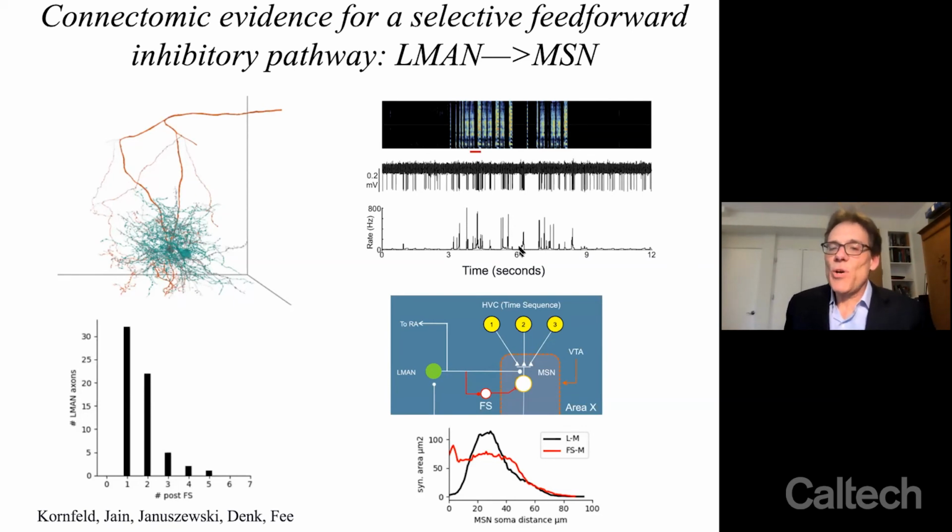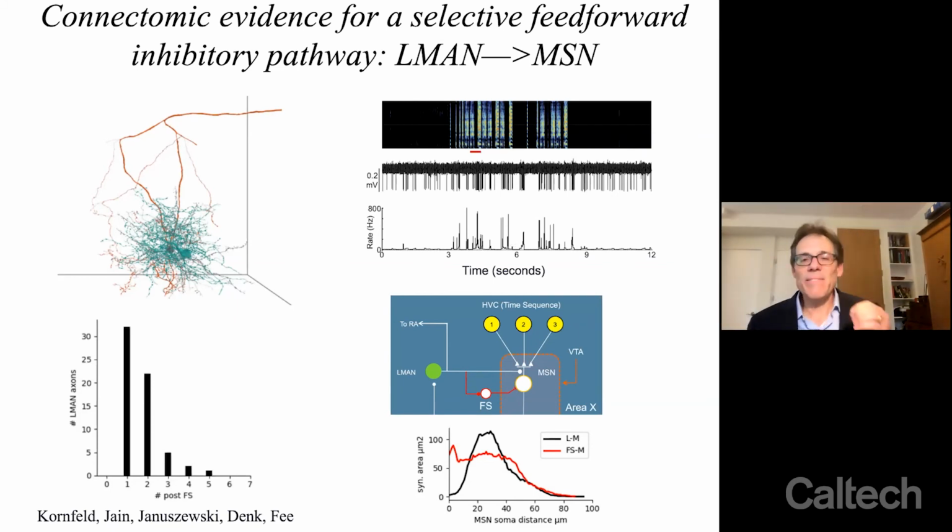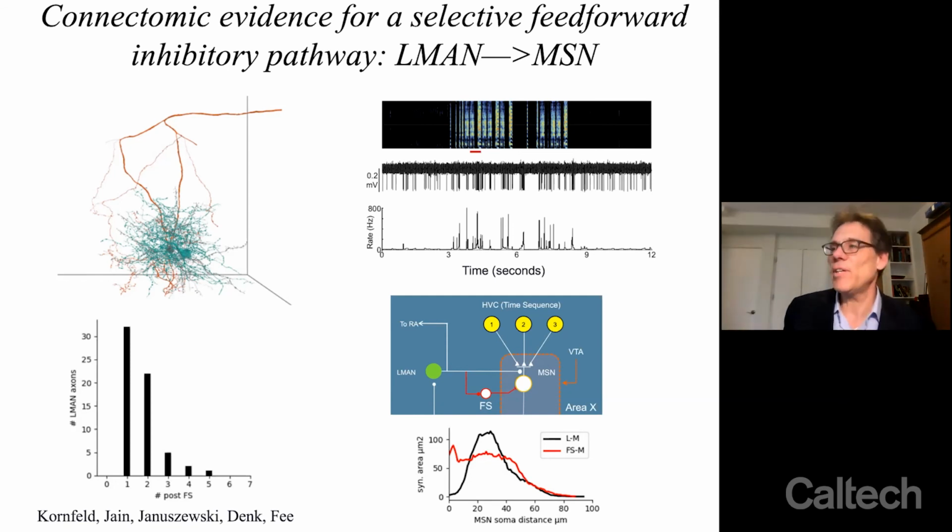These recordings show that FS neurons exhibit spiking patterns of random bursts that are remarkably similar to the spiking patterns of individual single L-man neurons during singing, again suggesting a low degree of convergence from L-man axons onto FS neurons.